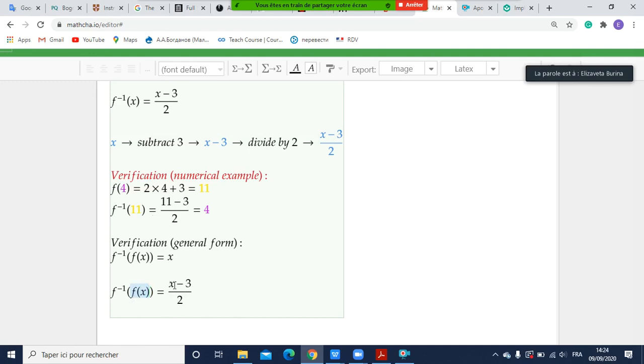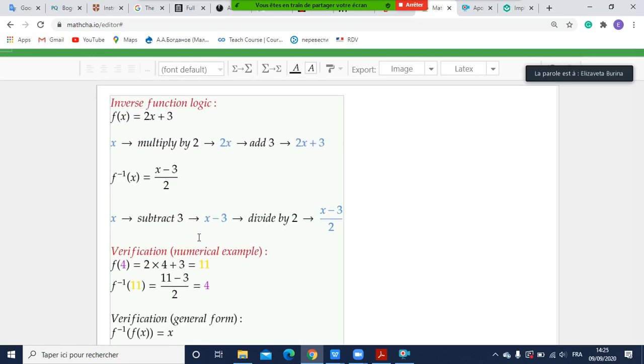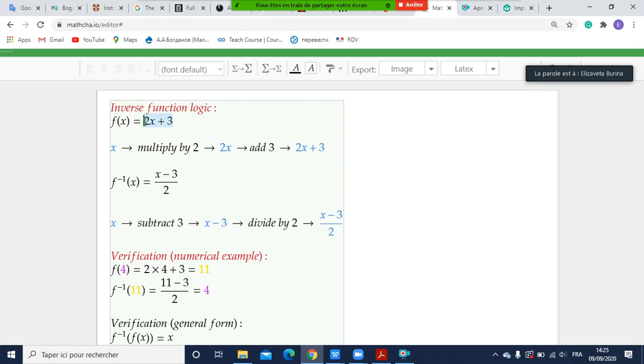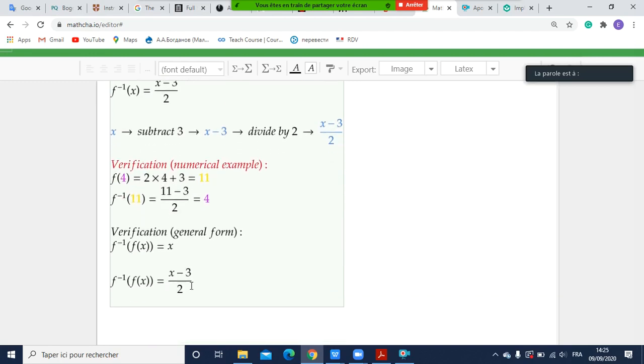That means that here, instead of x, I'm supposed to put the initial form of the function. So I'm not taking just x here, I'm taking the whole thing. And that is what it means taking the function of the function. So instead of x, I insert the function that is in the middle, so like the internal function.